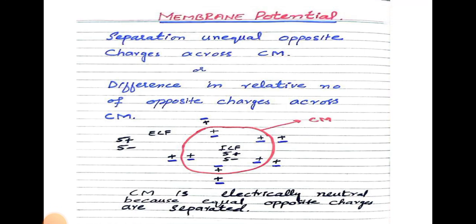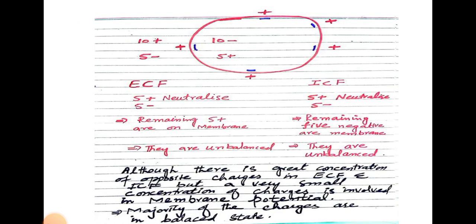Now let's see in the next diagram. There are 10 positive and 5 negative outside the cell. 5 negative would balance the 5 positive. Remaining 5 positive would come around the cell membrane.